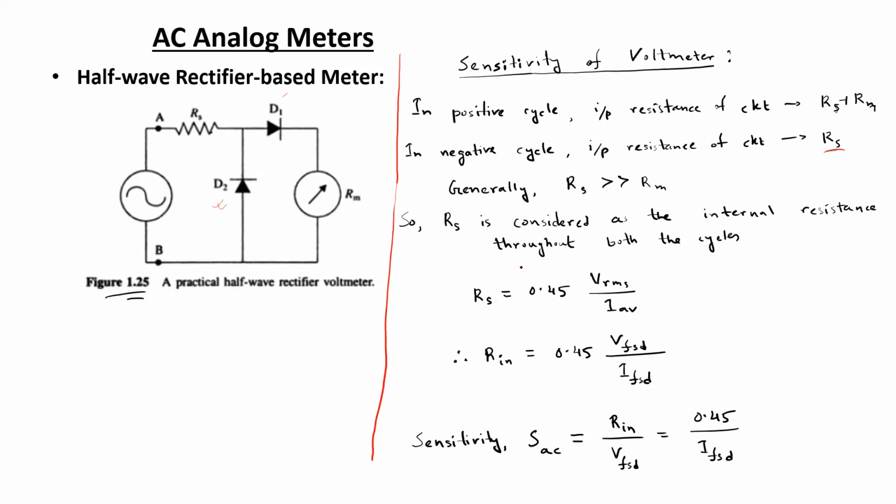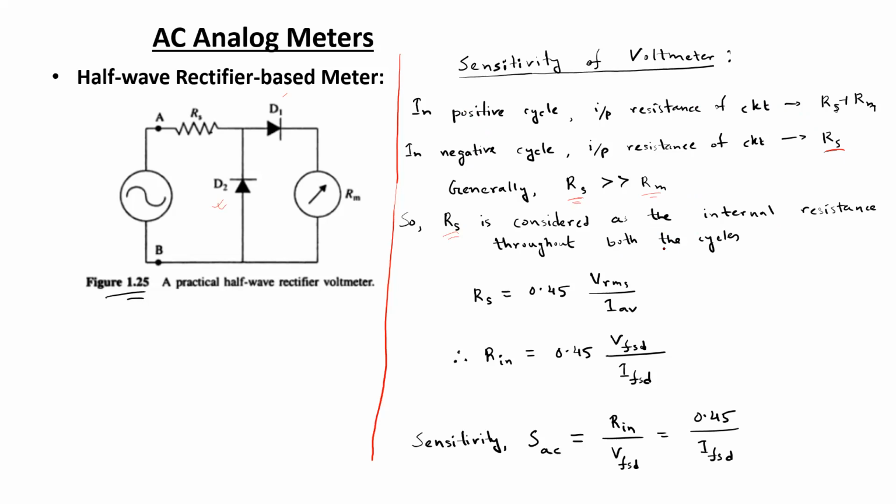Now, generally, the value of the multiplier resistance is very, very high compared to the internal resistance of the PMMC coil. So as Rs is very high, and also considering both the positive and negative cycles, overall it can be said that our Rs can be considered as the overall internal resistance of the circuit in both the cycles.